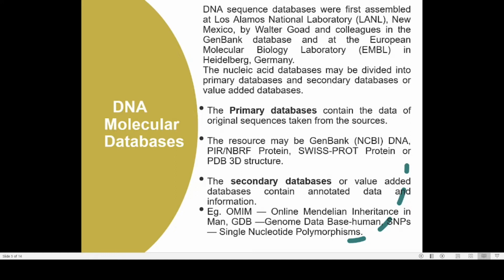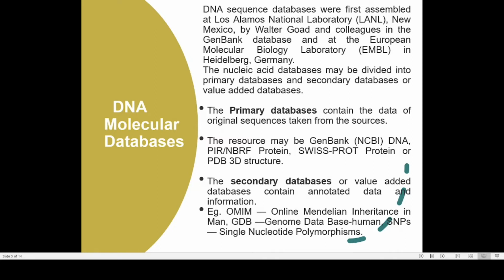And it is located in Heidelberg in Germany. So these are the famous laboratories working in the area of bioinformatics. One is LANL and the other is EMBL, and these are keeping the databases of various types of sequences.